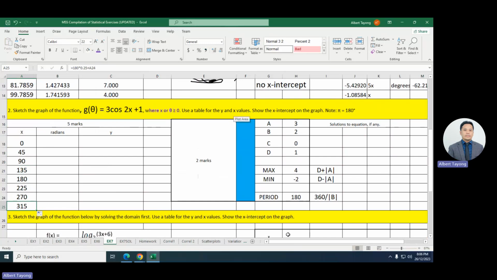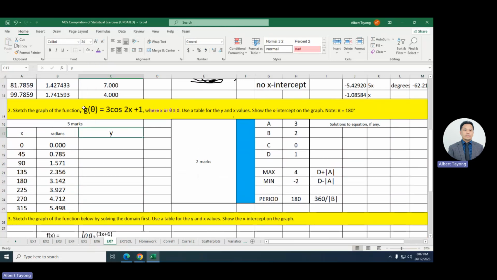Okay. So can you please give me the radians? How to find the radians? RAD. Drag it down. Right? Okay, can you please tell me how to find y?